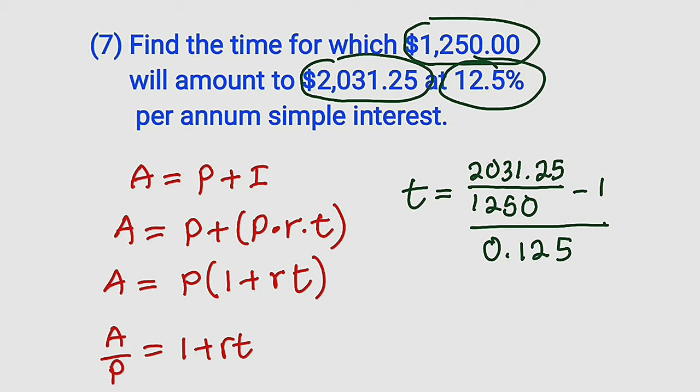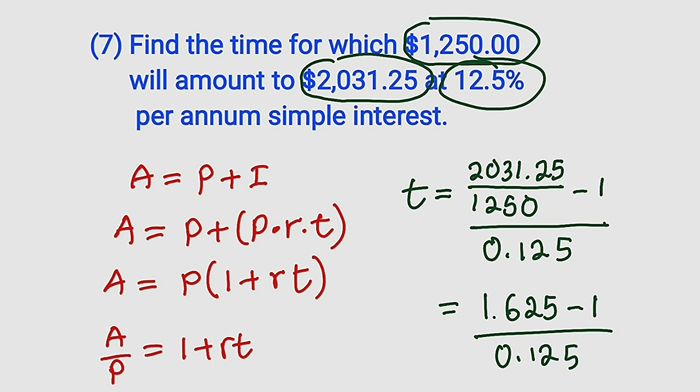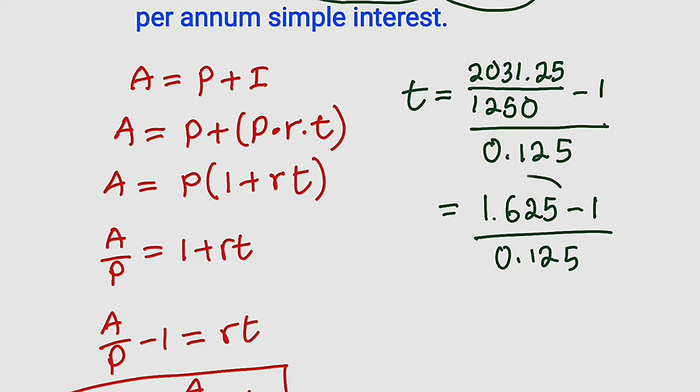Let me start with this one. If you divide 2031.25 by 1,250, you're going to get exactly 1.625. Then we have to subtract 1. Then we divide by 0.125. If you subtract 1 from our numerator, that will give us 0.625.